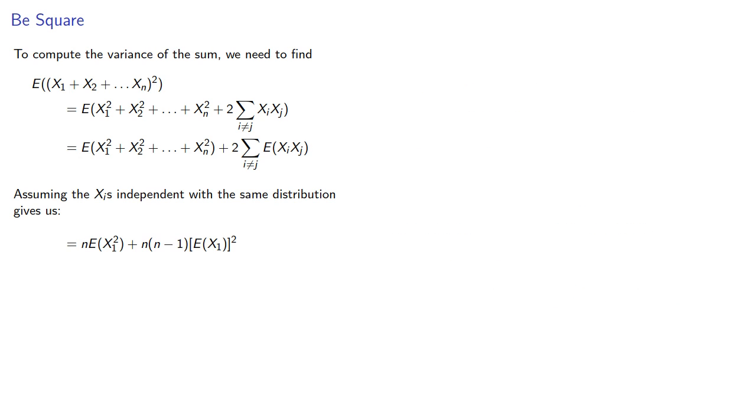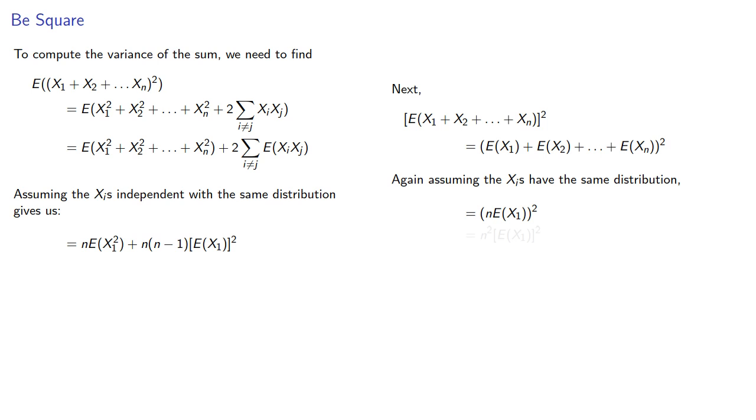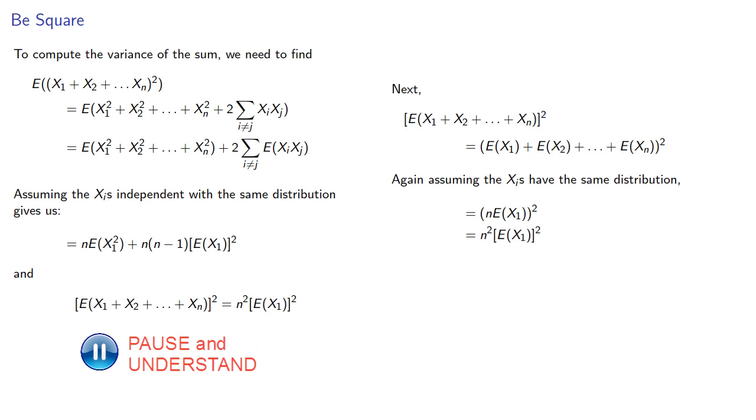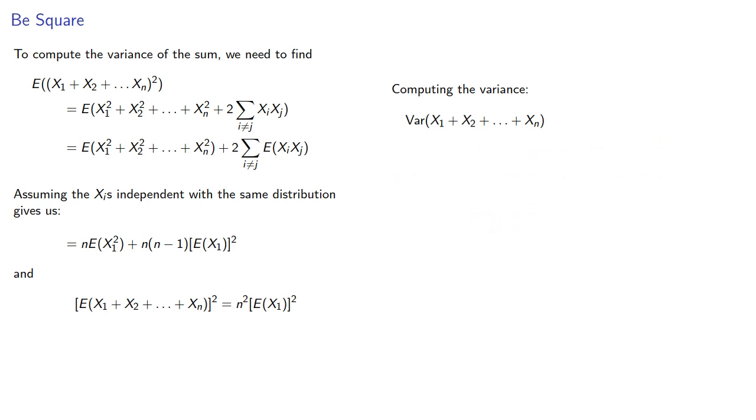Next, the square of the expected value of the sum. Again, the linearity of expected value allows us to rewrite the inside. And again, assuming all the xi's have the same distribution, that gives us which we can simplify. And so now we can compute the variance, which will be the expected value of the square of the sum minus the square of the expected value of the sum.